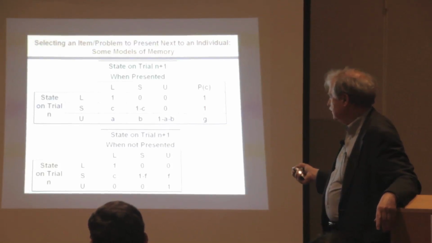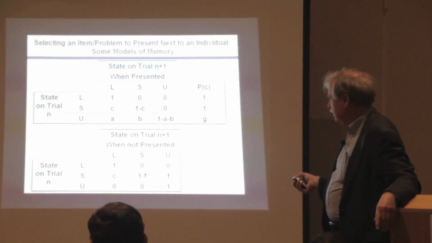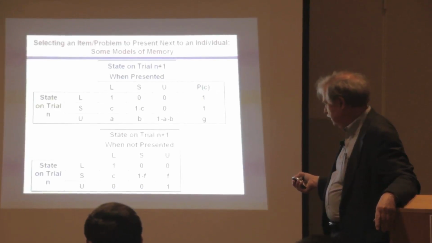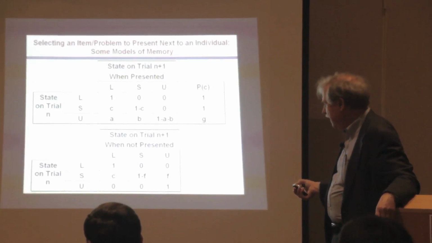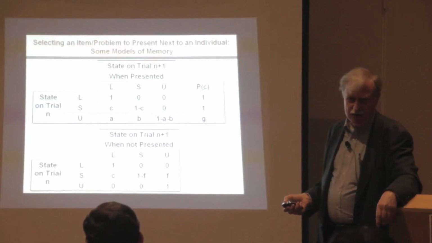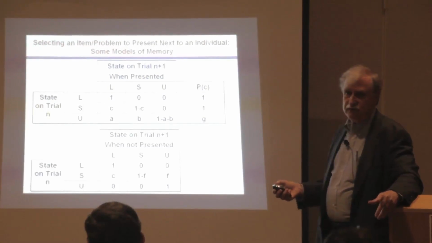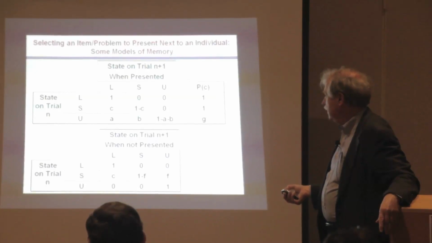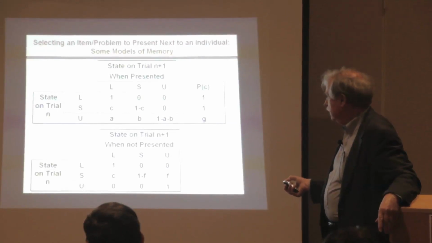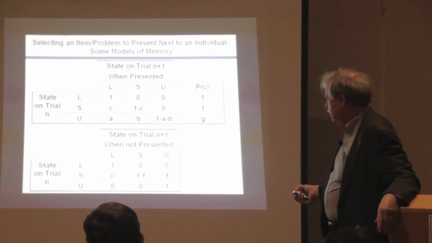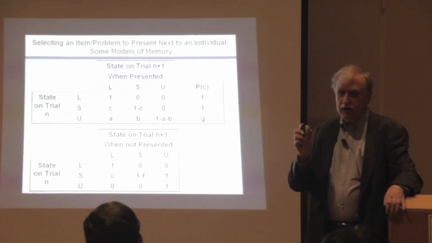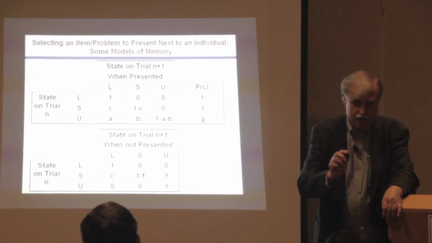And then we have probabilities of guessing, and we have some of these probabilities of what the state of the item would be when it's not presented, which dealt with forgetting or other things coming in. It was all great fun stuff. And we would estimate these parameters, C, A, and B, and F, and all that, for a student and item combination.